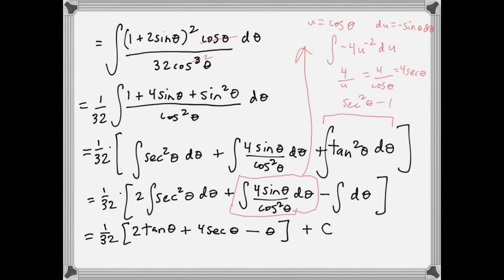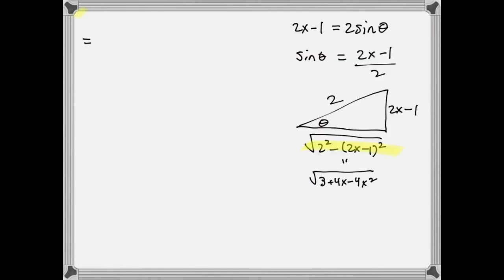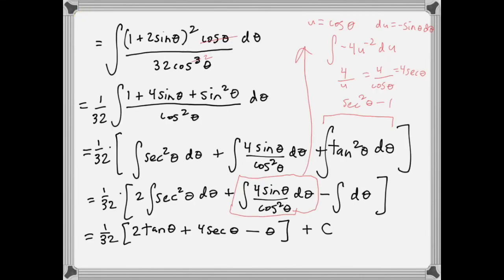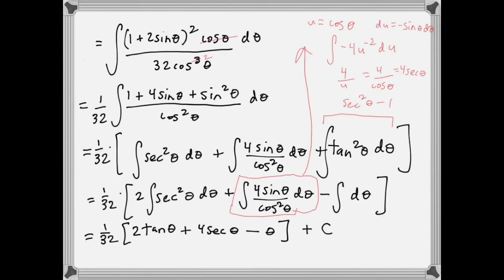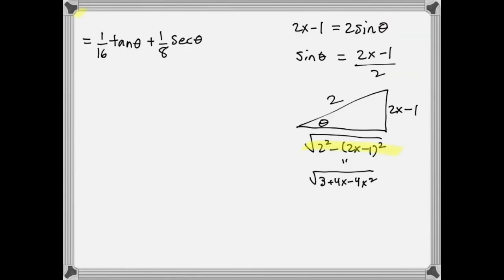So I'm going to distribute the 32 now, just so it goes into my answer and I have fewer parentheses floating around. So I have 1 over 16 tan theta. And then I have plus 1 over 8 secant theta. And then I have minus 1 over 32 times theta, and then plus c.